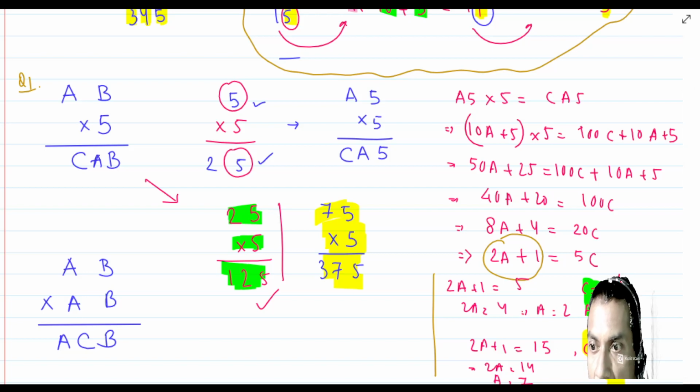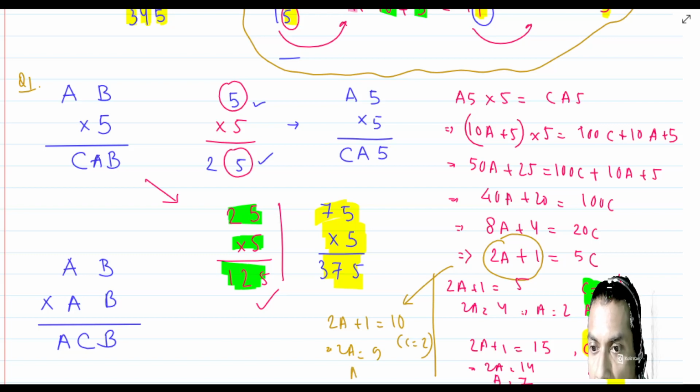So if I consider any even number for the c, then what will happen? For example 2, if you consider c is equal to 2, then it will be 5 into 2, 10, correct? But here 2a will be 10 minus 1, that is 9, but it is not divisible.